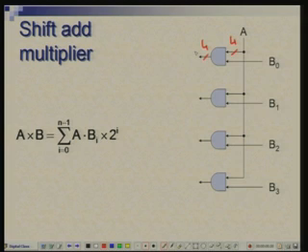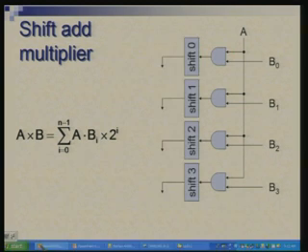So, what I am getting here at these points is the partial product. A is multiplied by 1 bit of B, and then I require shifters.